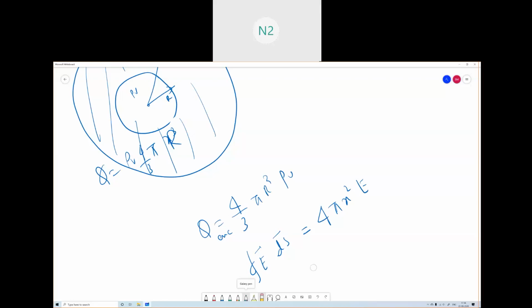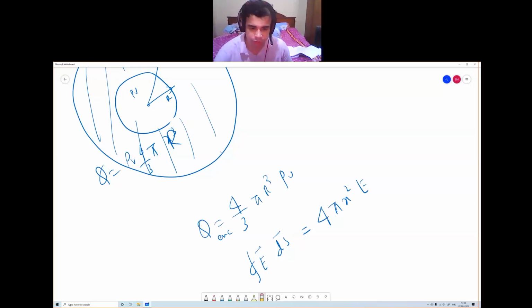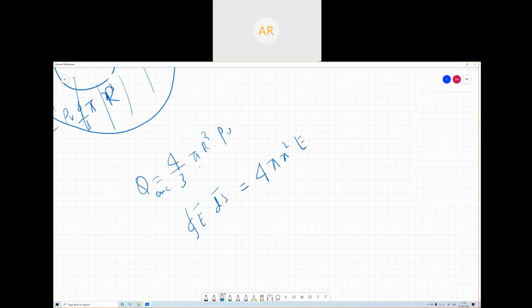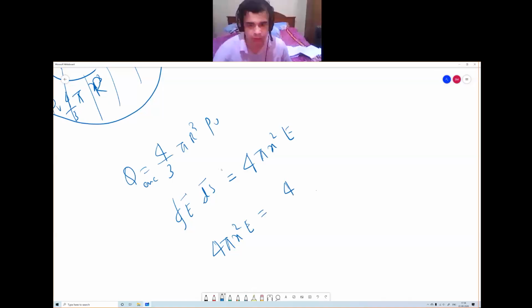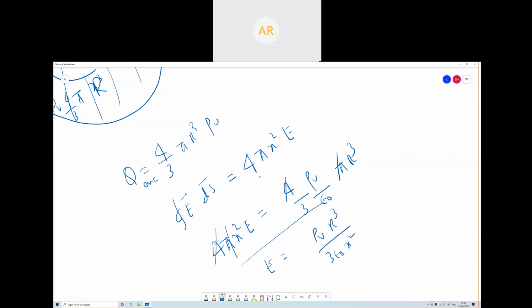Now we apply Gauss's law and equate these two things. 4 pi x square E is equal to 4 by 3 rho v pi r cube by epsilon naught. Only pi and 4 get cancelled. So E equals rho v r cube by 3 epsilon naught.